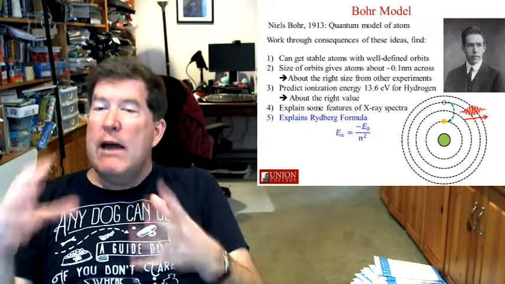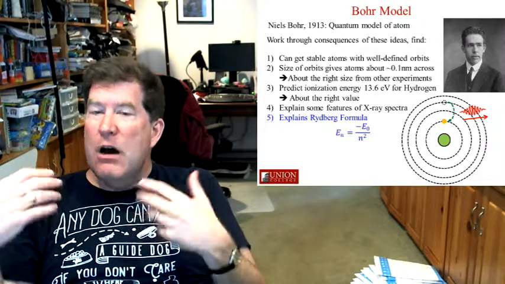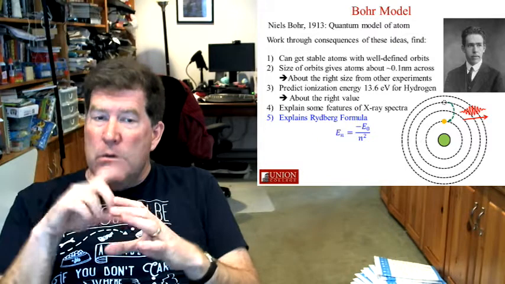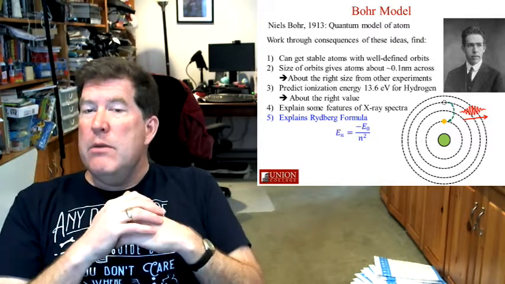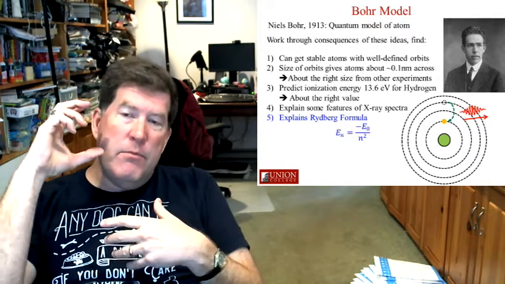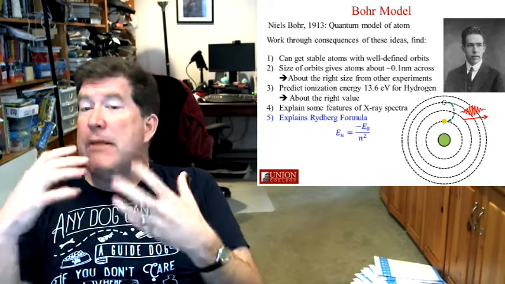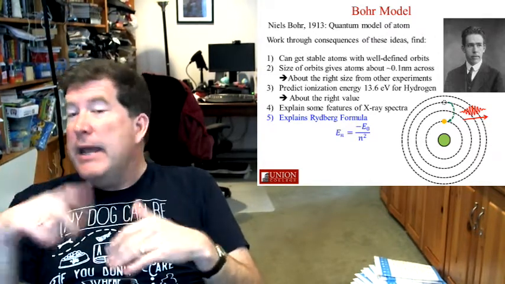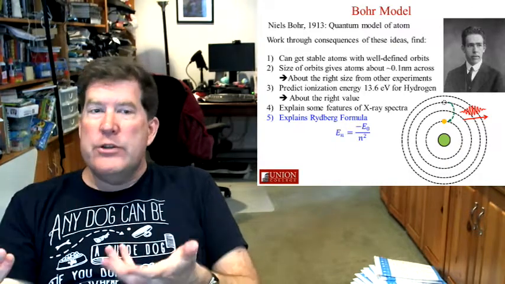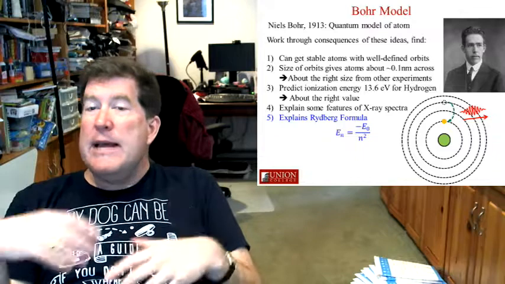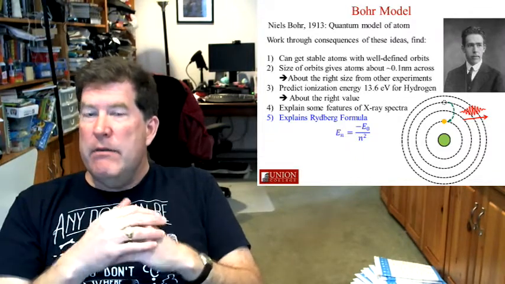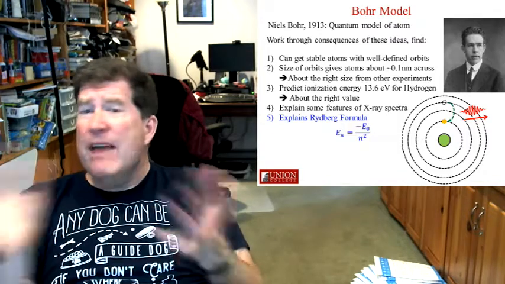Because when you calculate the energies of these special orbits, where the electrons don't emit, what you find is that they have energies that look like some characteristic energy for the atom as a whole divided by an integer squared. So you can number these orbits with an integer, right? Each orbit has an energy that is the ground state energy divided by that integer squared, and everything works great.